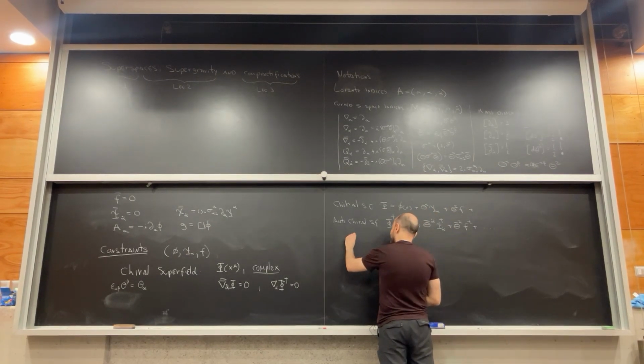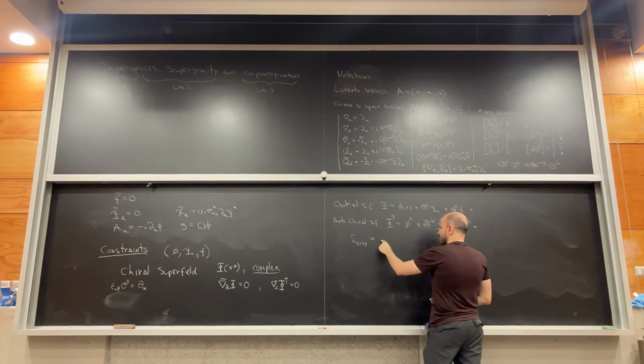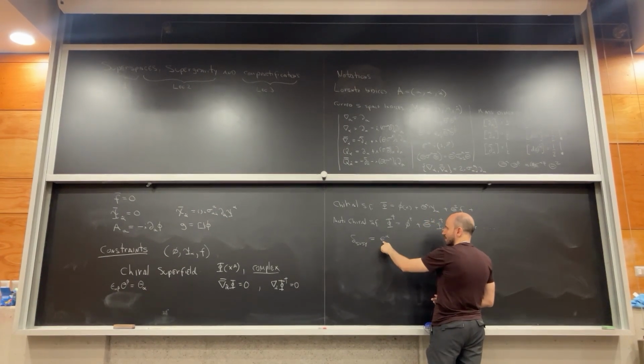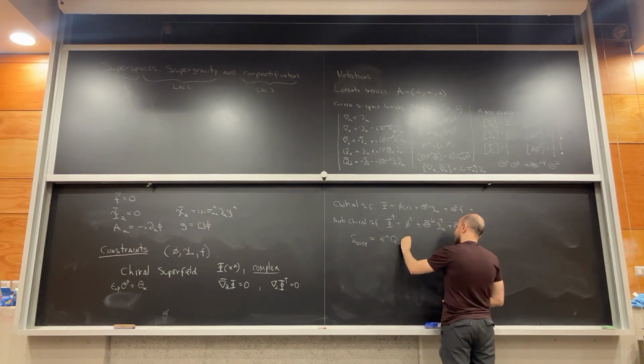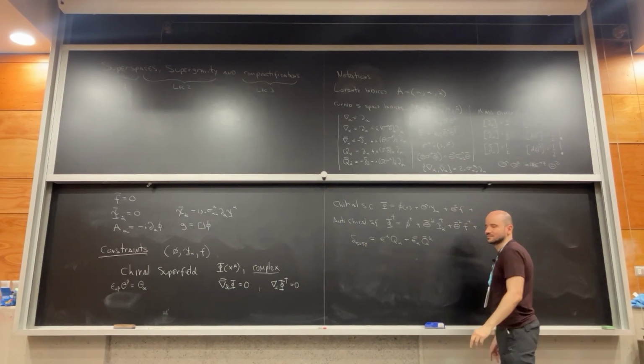I'm going to call my supersymmetry operator delta SUSY. It's going to have a parameter, my supersymmetric parameter, which I'm going to call epsilon, contracted with Q, and an epsilon bar, alpha dot, Q bar, alpha dot.